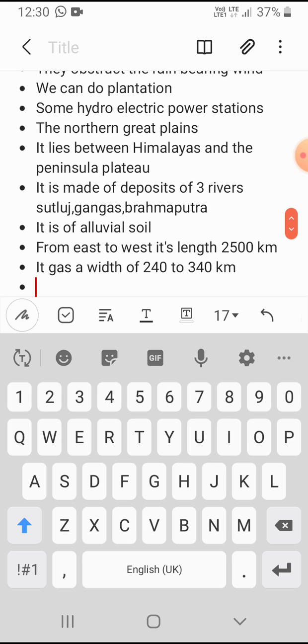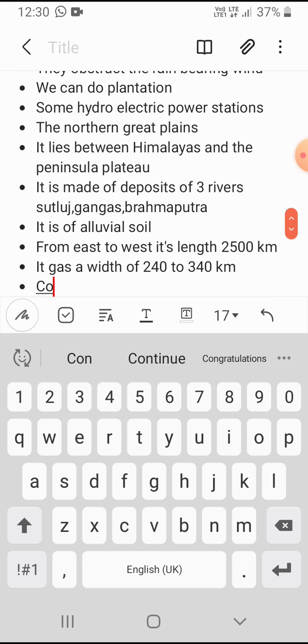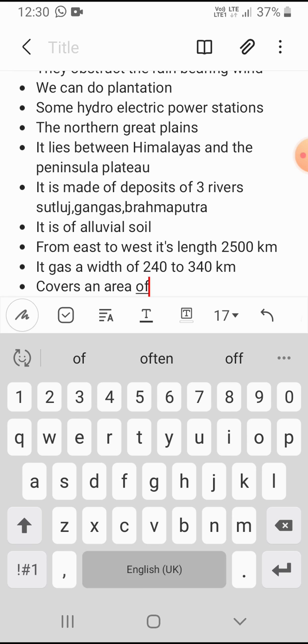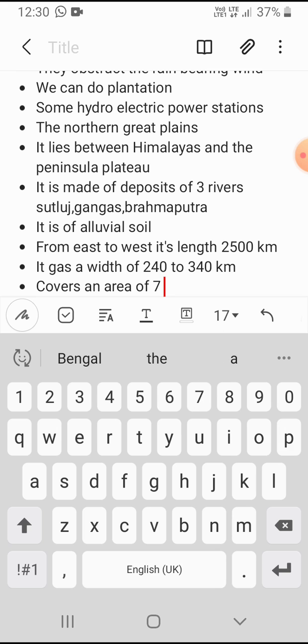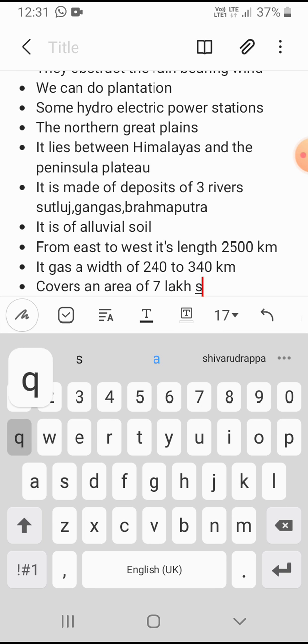This northern plain covers an area of 7 lakh square kilometers.